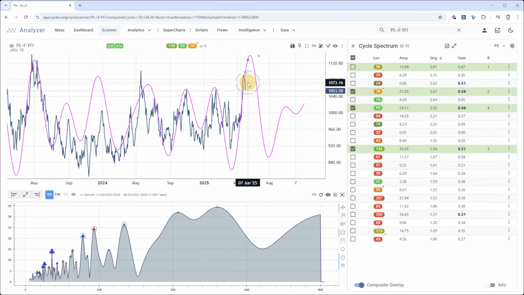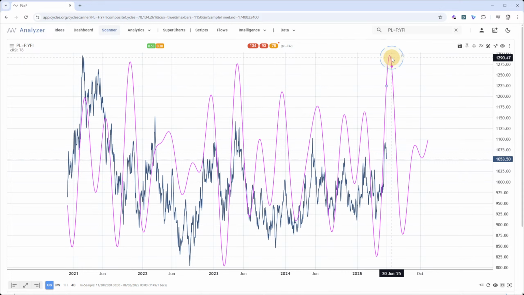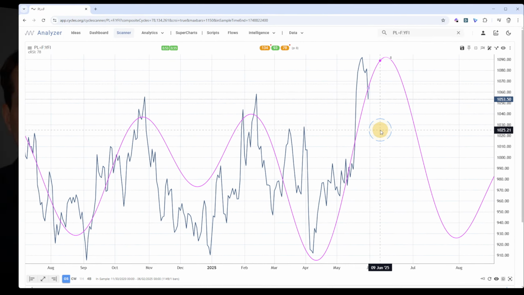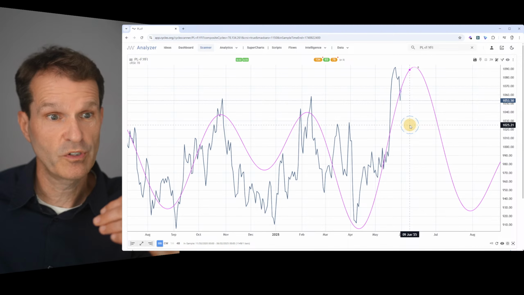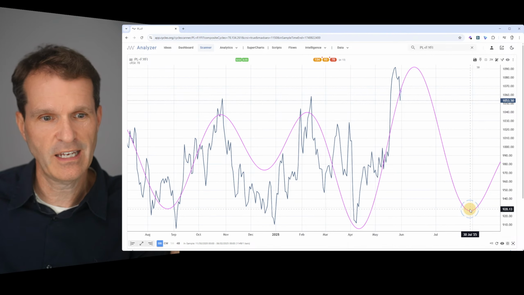And if we zoom in and even make this a larger picture here, you see this top is an outstanding top here, as 3 cycles now come into alignment to form that top, right?